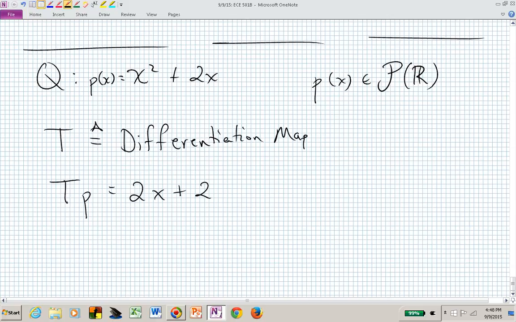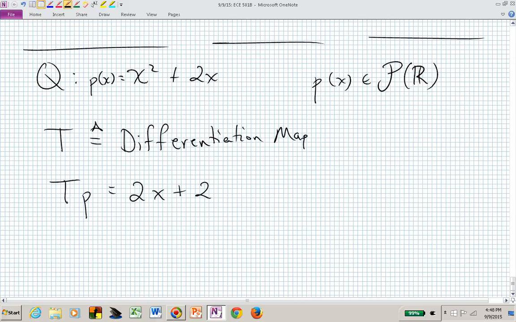So you now have 0x cubed plus 0x squared plus 0x plus 0. You differentiate that, and what do you get? You get the 0 vector. So you're starting with P of x equal to x squared plus 2x. What I'm trying to say is that's not the 0 vector in this set of polynomials.